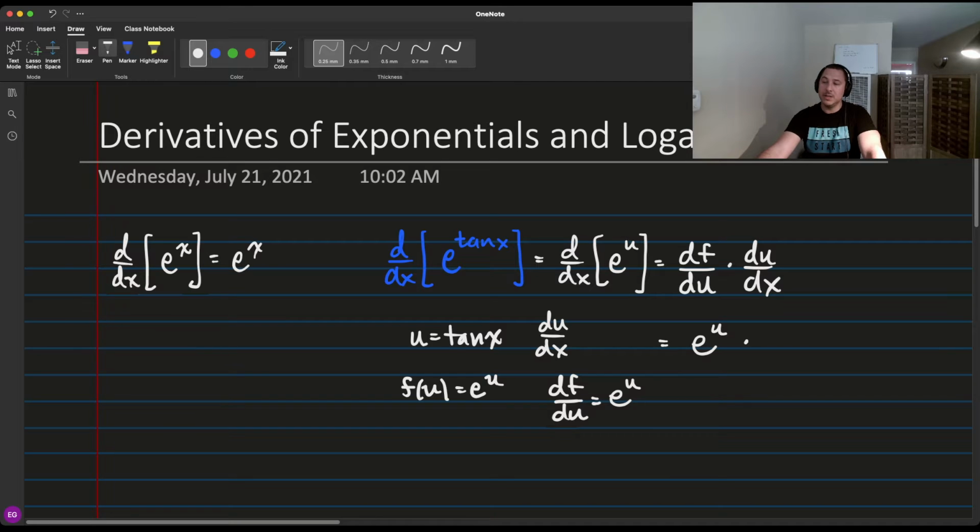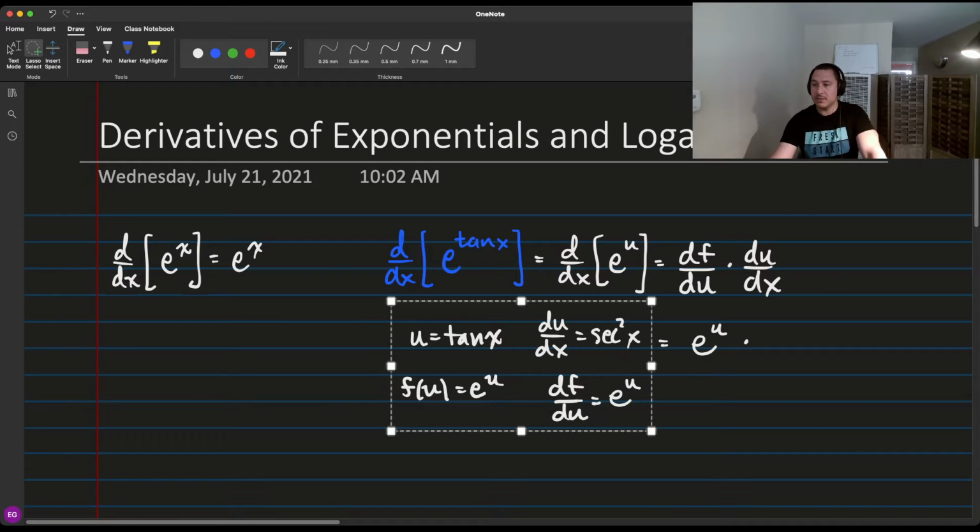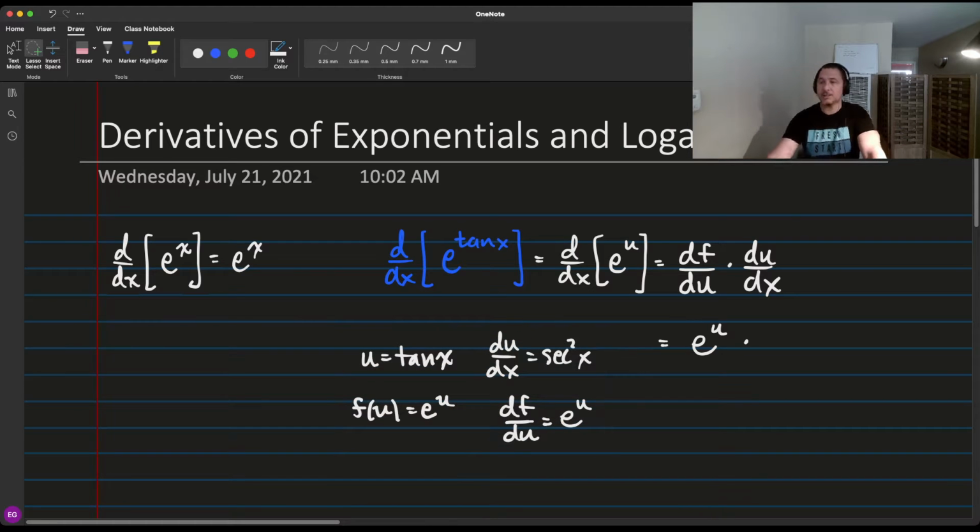If your u is tangent, what's the derivative of u? What's the derivative of tangent? Yeah, secant squared x. So let's move all this over a little bit because it's in the way. That looks better. So you have to multiply by secant squared x.